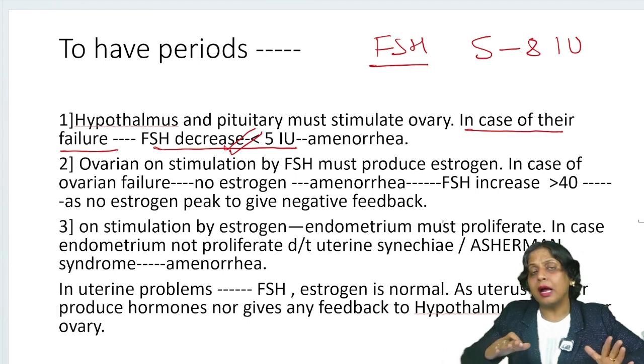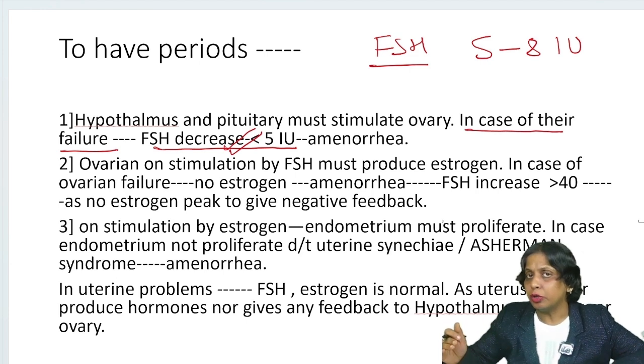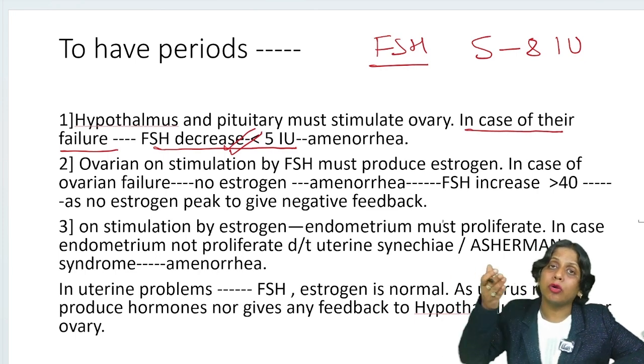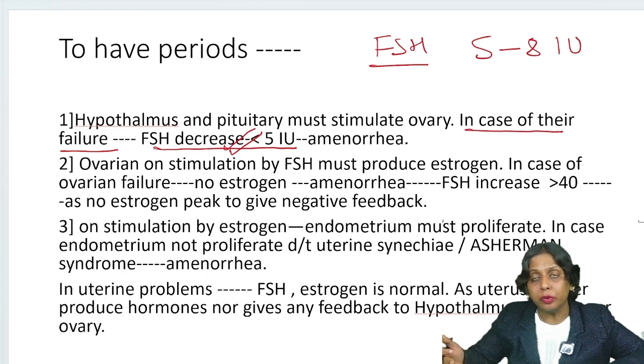In case the hypothalamus and pituitary were functioning normally, but the ovarian follicles have finished, or there was gonadal dysgenesis, the ovaries will not produce estrogen. Since the ovaries will not produce estrogen, the estrogen will not give negative feedback to FSH.